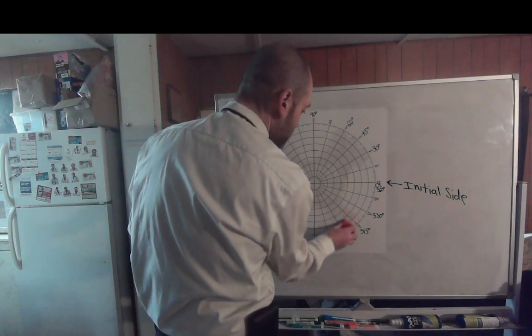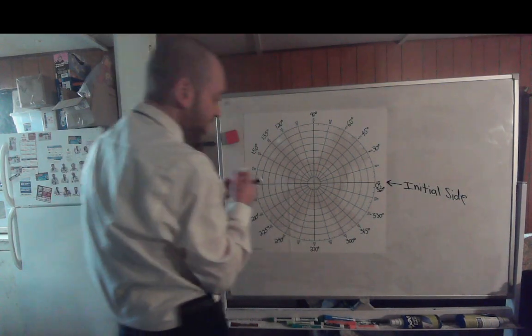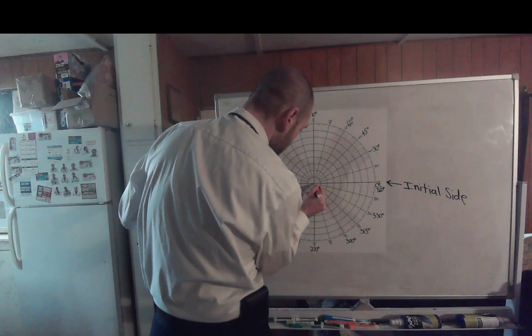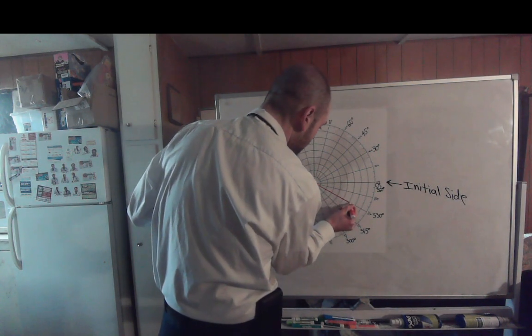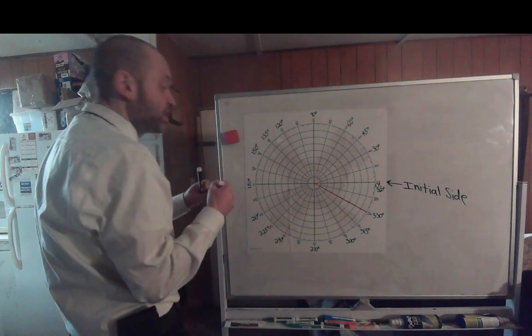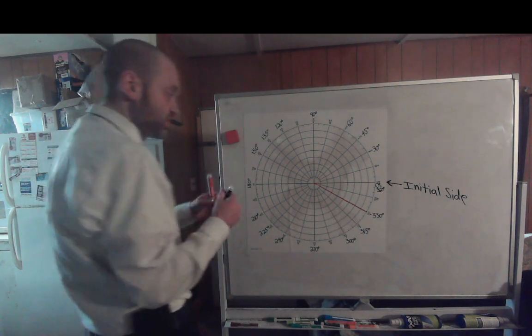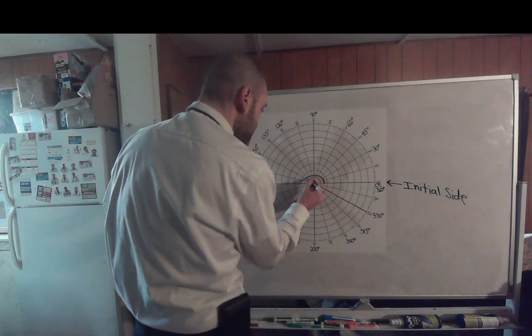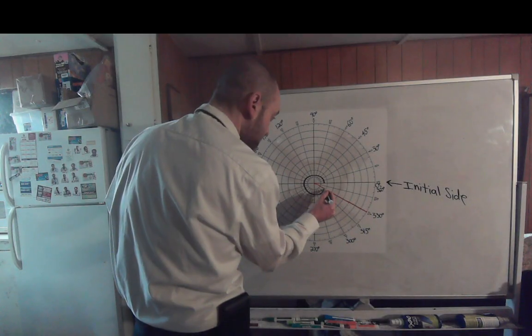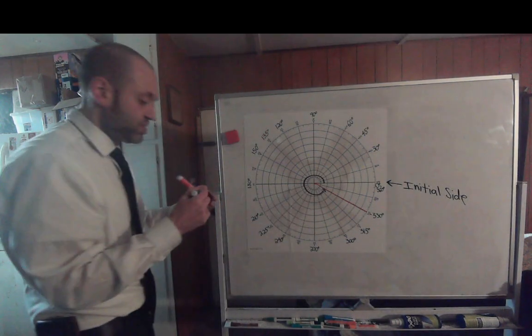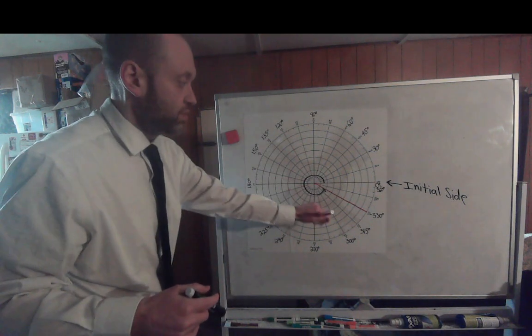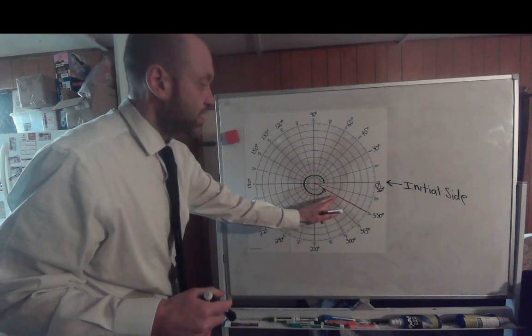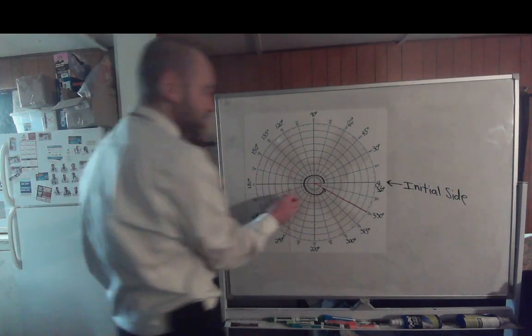All right, let's do a 330 degree angle. So again, the initial side is going to start on the positive x-axis and go all the way to the terminal side of 11 pi over 6, which is the 330 degree angle. So from here all the way to here is 330 degrees.